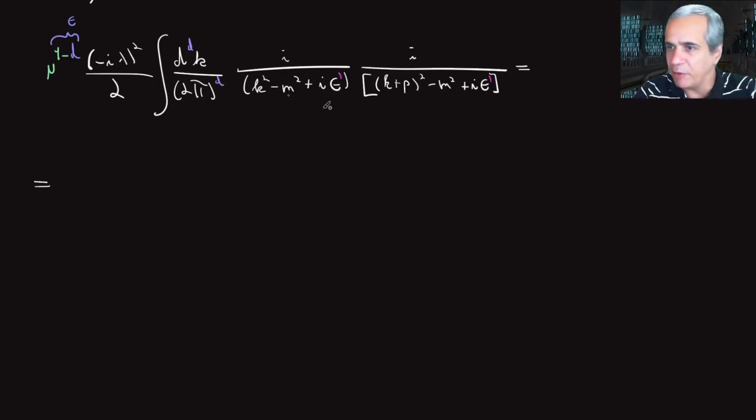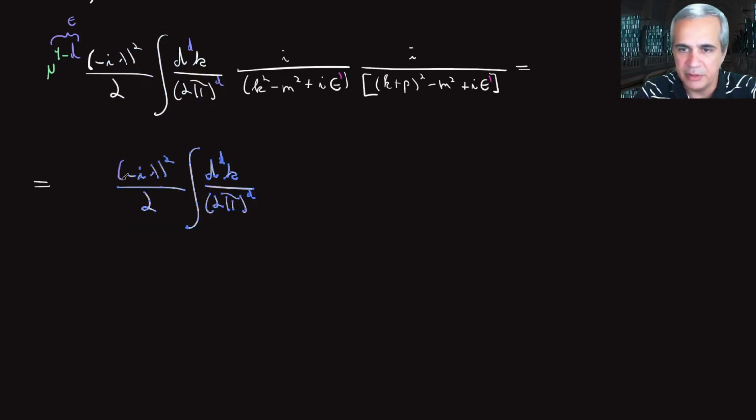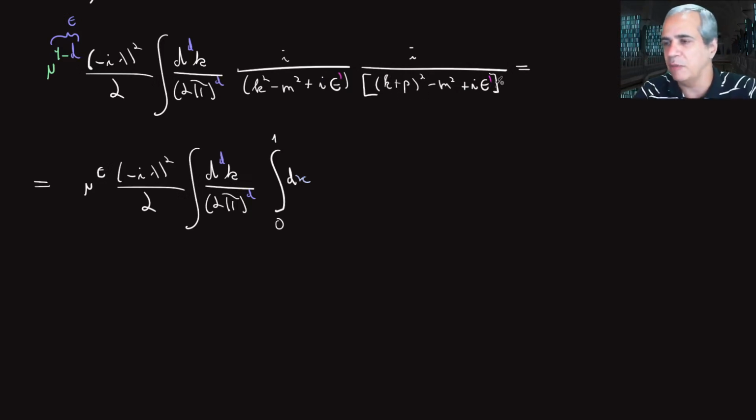So Feynman parametrization for these two guys is pretty straightforward. I'll just repeat the part that needs to be repeated. Mu, I'll write in this way, mu to the epsilon. Remember, this epsilon is now not the one in the Feynman prescription, which I'm calling epsilon prime. And the Feynman parametrization is simple. In this case, it's just two polynomials, two terms, a simpler case than before because I'm not doing Pauli-Villars, so I'm not introducing another term in here.